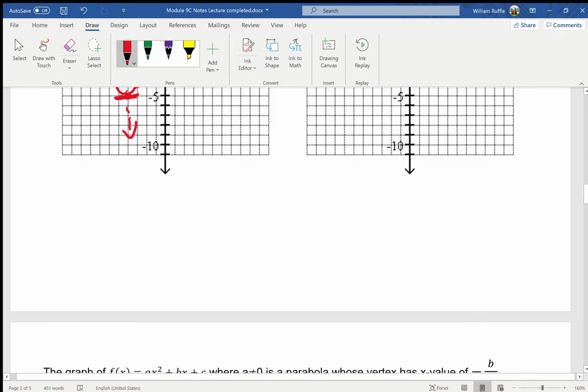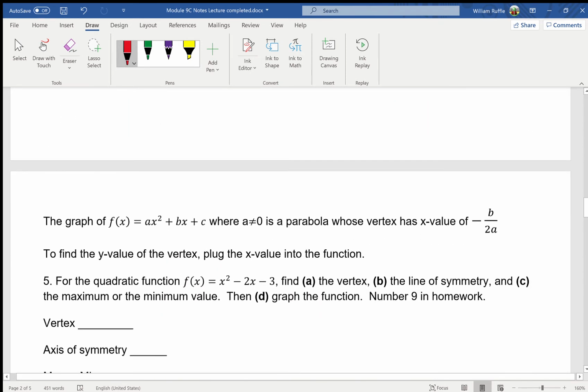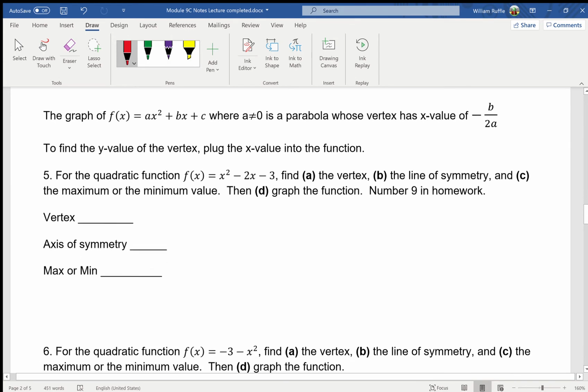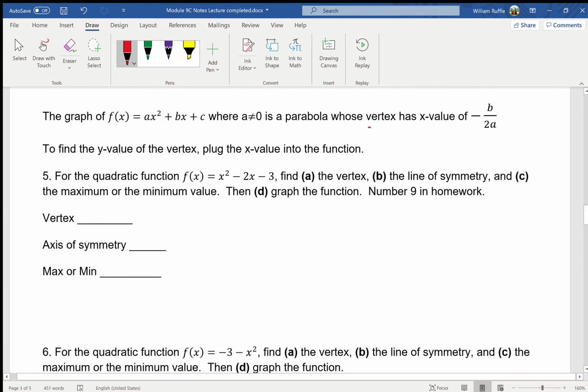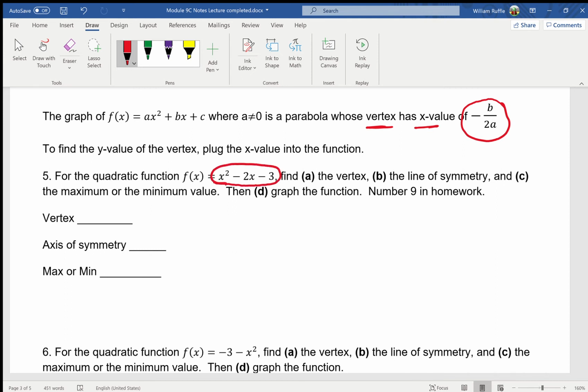Alrighty. So when they put it in that form, it's pretty easy. Now, they're going to start putting them not in the standard form. And to find the vertex's x value is always negative b over 2a. That's a great formula you're going to be using a lot of. When I'm looking in here, x squared minus 2x minus 3, if you remember, it's ax squared plus bx plus c.